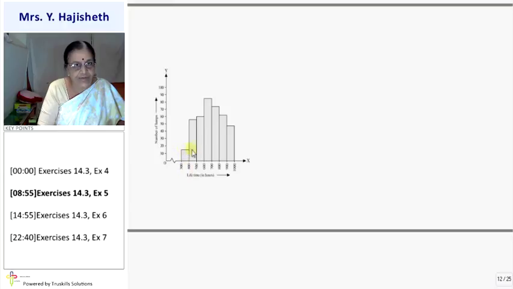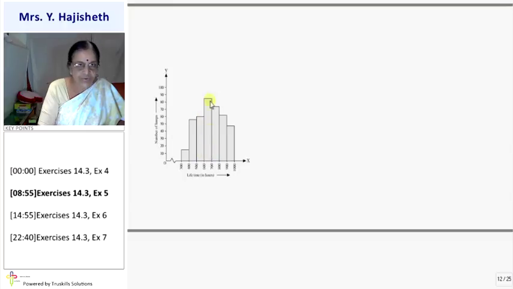Right? And draw a rectangle. Then the second frequency is 56. So between 50 and 60, I will take 5.6 centimeter height, and draw a rectangle. Then 60, so 6 centimeter height.